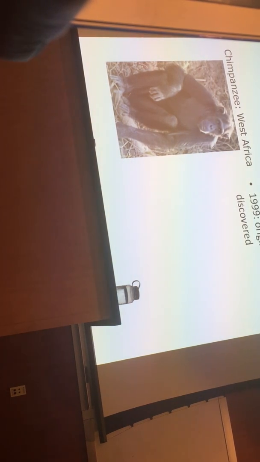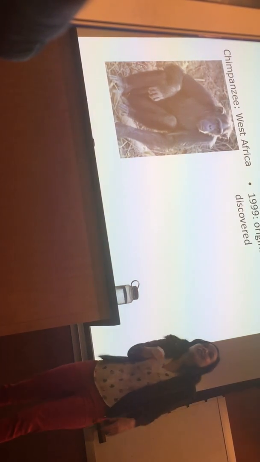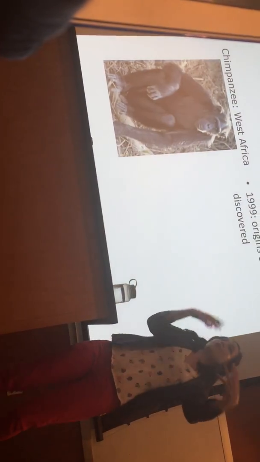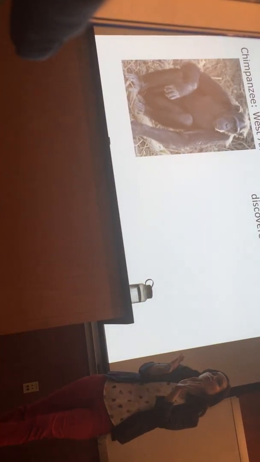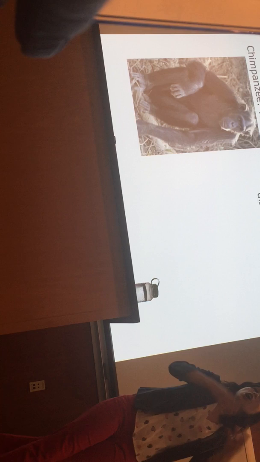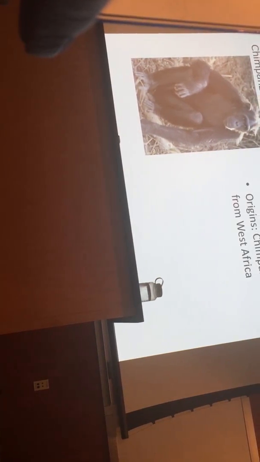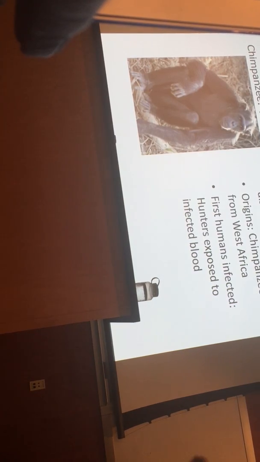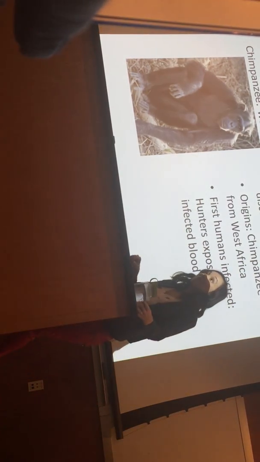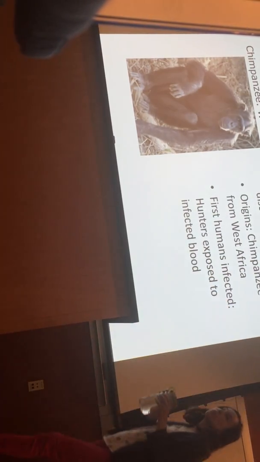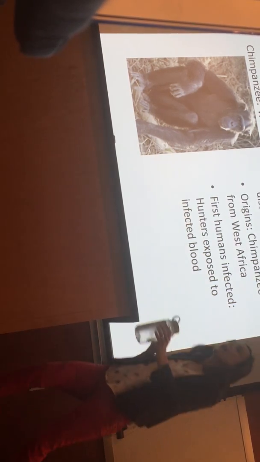And this study came out in 1999. So it wasn't until 1999 that they officially came out and said, all right, we know what the original host of the HIV virus is, and it's a chimpanzee from West Africa. A family of chimps or one particular chimp? Oh, definitely probably a family. Yeah.